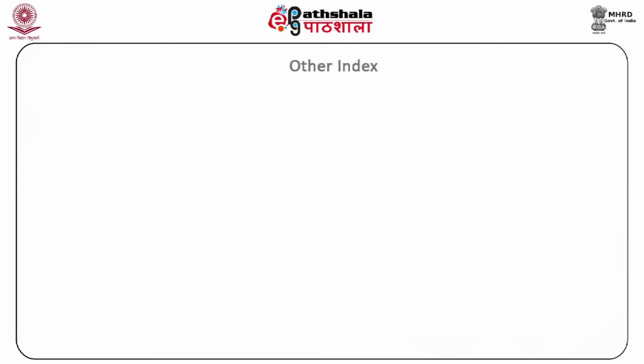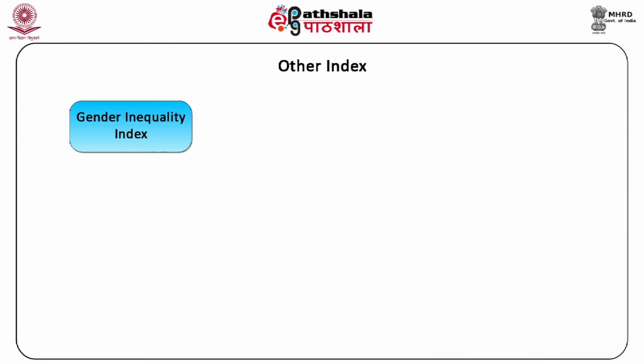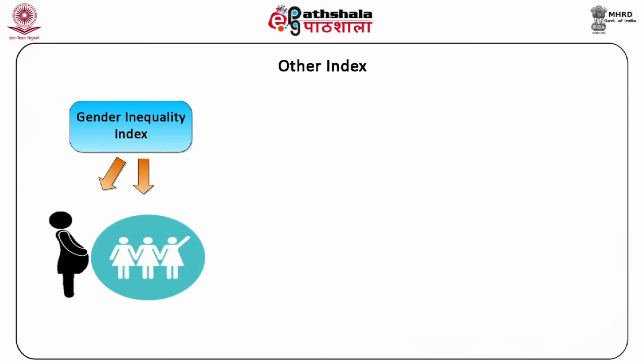Let's now discuss some other indices, the Gender Inequality Index, GII. The GII is another measure that has been proposed in the Human Development Report 2010. It contains reference to other variables, viz., reproductive health, empowerment, and labor market participation.